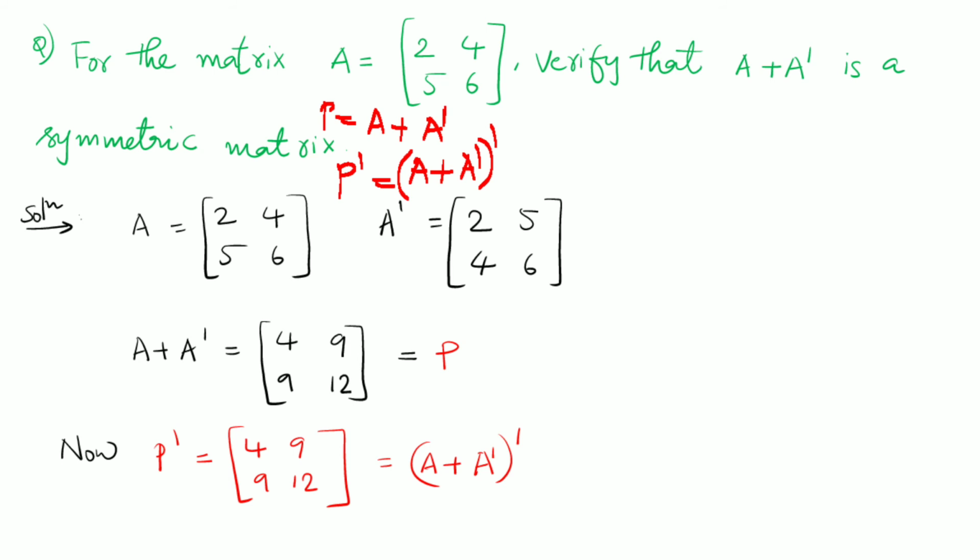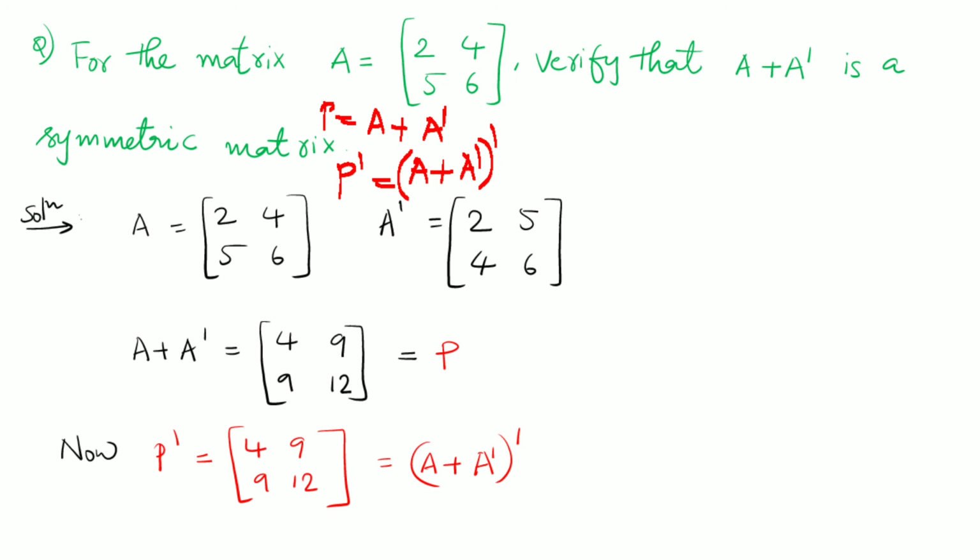First you are having A matrix 2, 4, 5, 6. You have to find the matrix A dash, A transpose. That is first row is your first column, second row is your second column. Then you have to add these two matrices as per the question. So here A plus A dash, you got the answer as matrix 4, 9, 9 and 12.